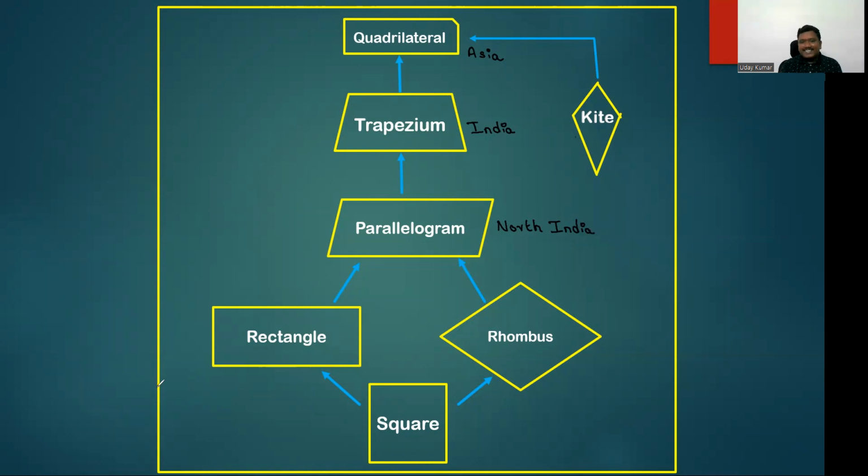Rectangle, any guess? Okay, Punjab. Then maybe some of you already guessed what I'm going to call rhombus. Haryana. And last, square, I wanted to compare with Chandigarh.